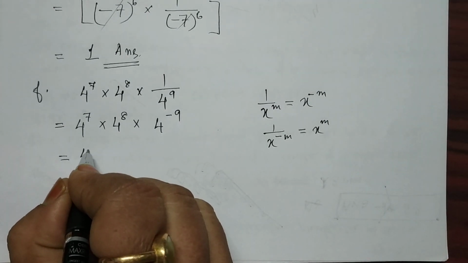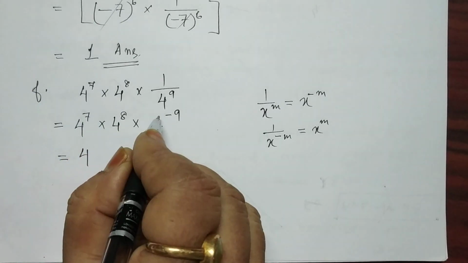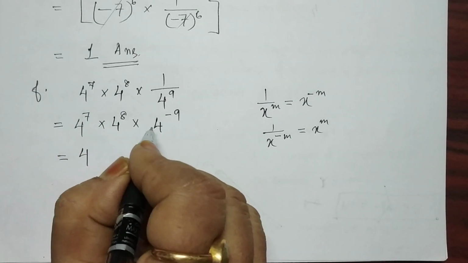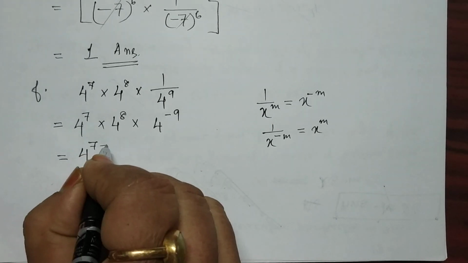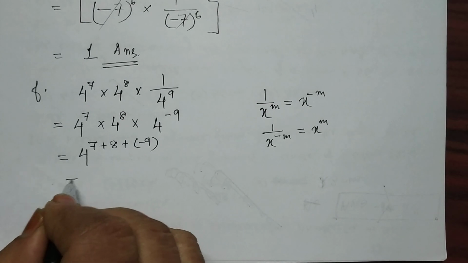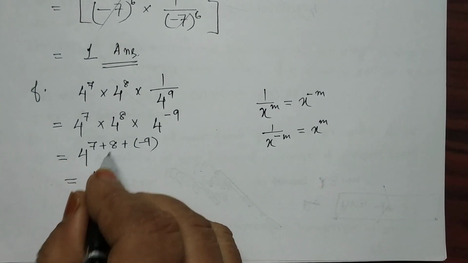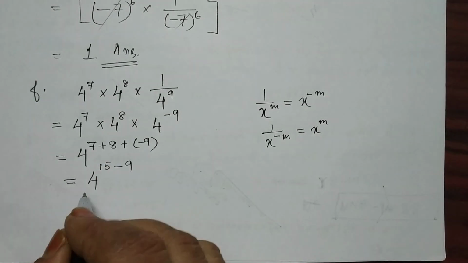Therefore here the bases are the same and the multiplication sign is there. That's why we have to add the powers: 7 plus 8 plus minus 9. That means 4 to the power 7 plus 8 is 15, minus 9.